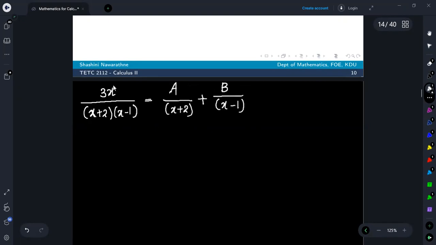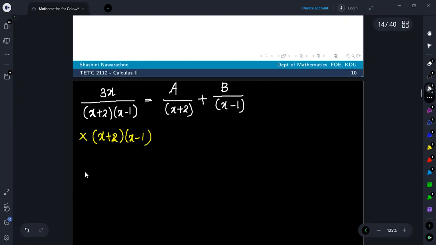Once we have this expression, we are going to multiply both sides of it by the polynomial q(x). Our polynomial q(x) is (x plus 2)(x minus 1). So we multiply both sides of this expression by this polynomial.